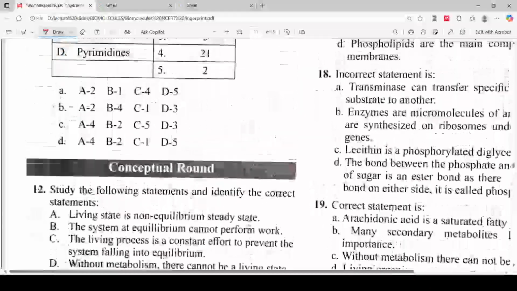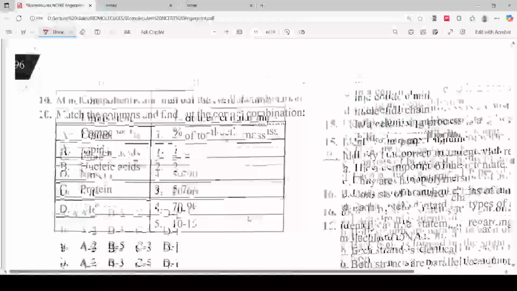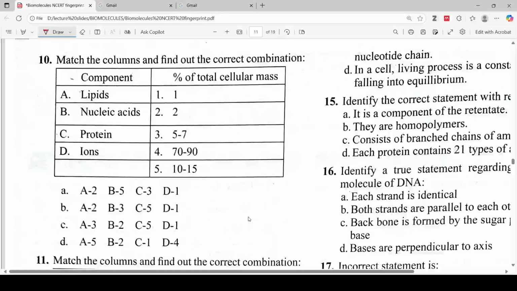Again matching. Match the columns and find out the correct combination.